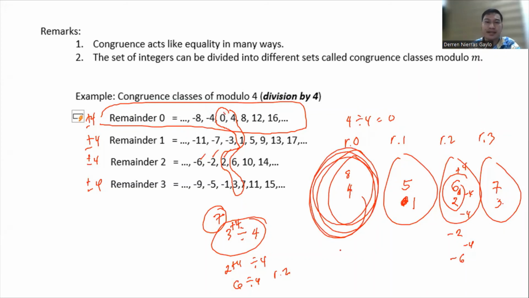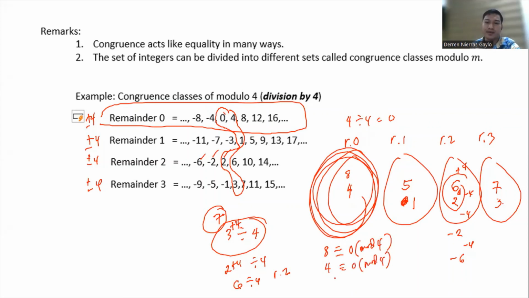So, you can write that as, for example, 8 is congruent to, ang yung remainder kay 0 modulo 4. Kana siya. Or you can write as 4 is congruent to 0 modulo 4.